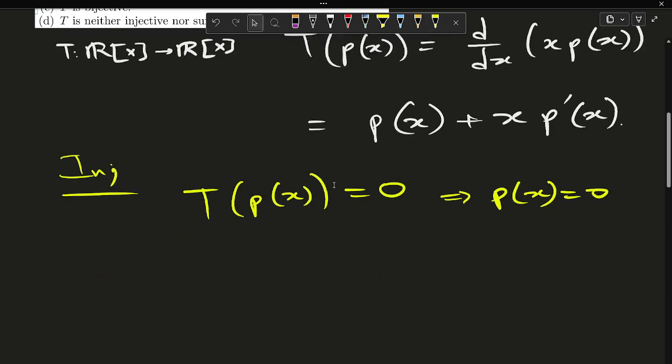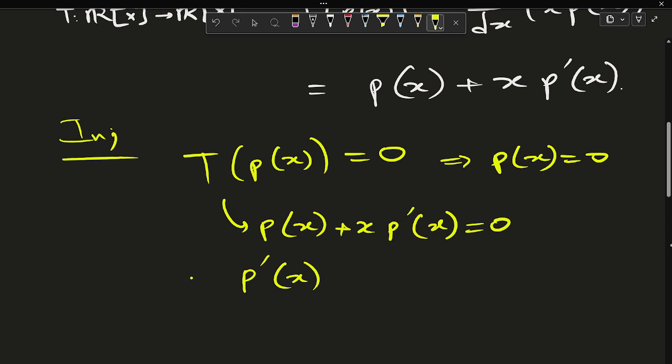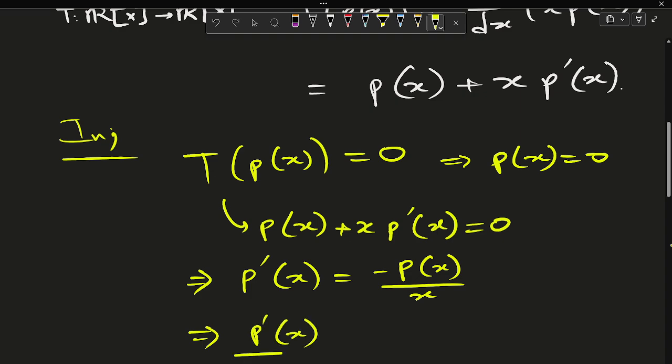Now if T of p(x) is equal to 0, then p(x) plus x p'(x) is equal to 0. Now rearranging, we will get p'(x) equals minus p(x) by x, and this is a first order linear differential equation. To solve it, we get p'(x) by p(x) equals minus 1 by x.